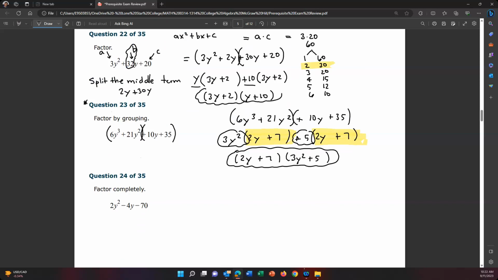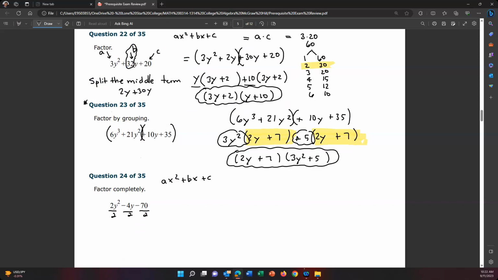That is the answer. Let's practice that one more time, in this case, completing example 24, okay? Before I get too fast, too furious going on here, I am noticing that these three numbers, 2, 4, and 70, they're all divisible by 2.